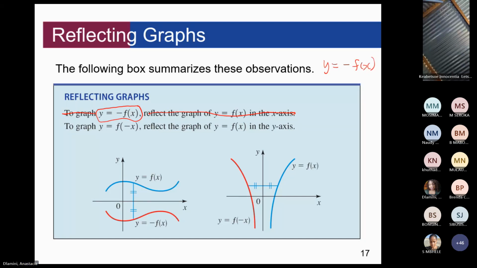And I'm like, which one is changing, x or y? Which one is changing sign here? I'm moving from y equals f of x to y equals minus f of x. Which one is changing? The y is changing. The y is becoming negative.